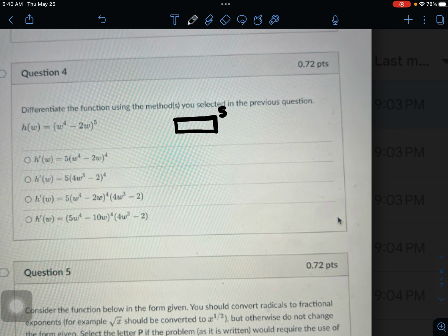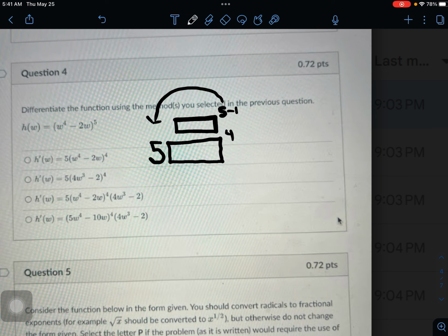Well, for the derivative of the outside function, I'm just going to use the power rule. I'm going to bring this power to the front. So it's going to be 5. And then it's going to be that something, which we know is the inside function. And then with the power rule, I subtract 1 from the exponent. So it's going to be 5 times something raised to the 4th power.